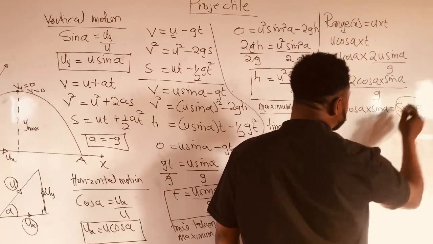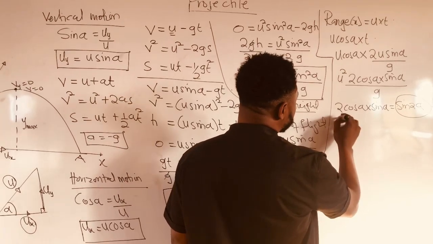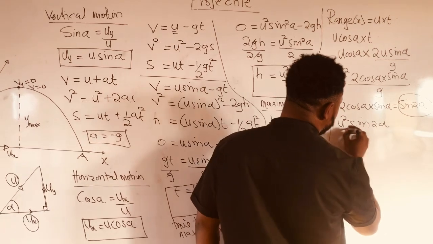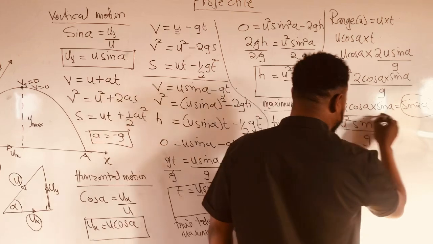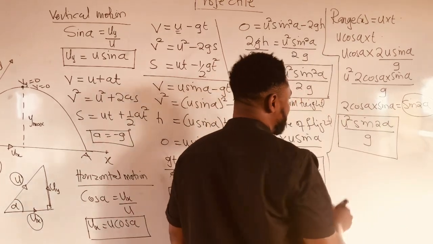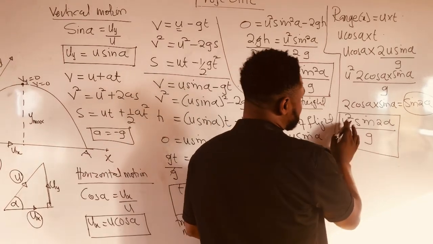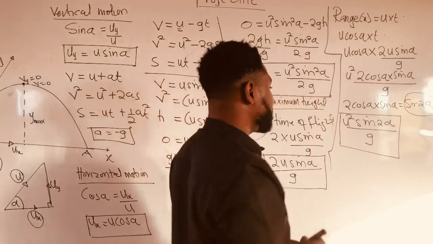So we need to know this from trigonometry. So here we can say that u squared sine 2 alpha all over g. So we say this is the range formula, which is u squared sine 2 alpha all over g.